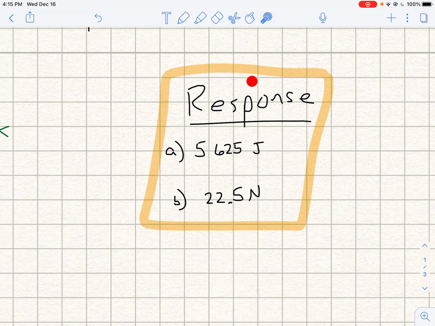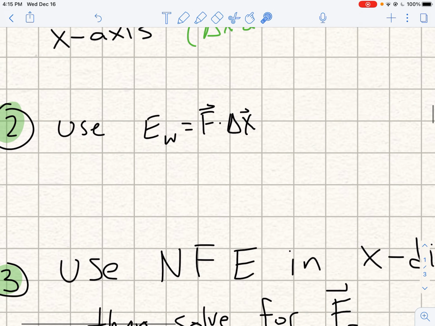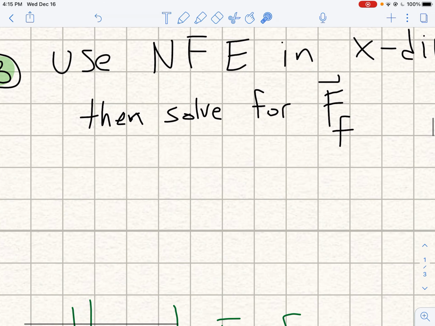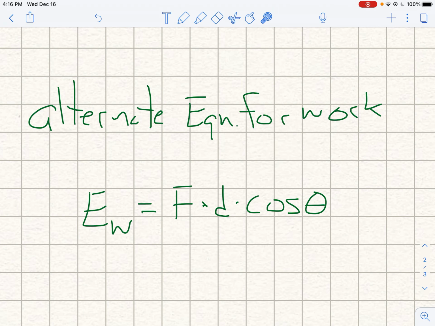Now, one other note that I wanted to mention is that the equation I typically use for work is a force times a displacement. Both of these are vectors. Another way to look at this, an alternate way that I've seen before, is simply force times distance times the cosine of the angle between these two things.